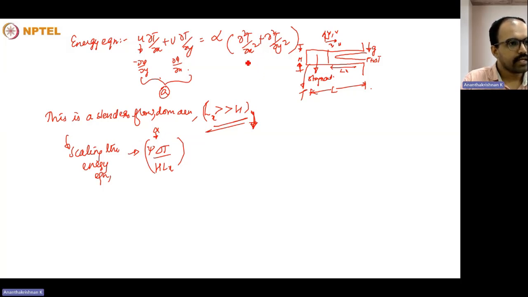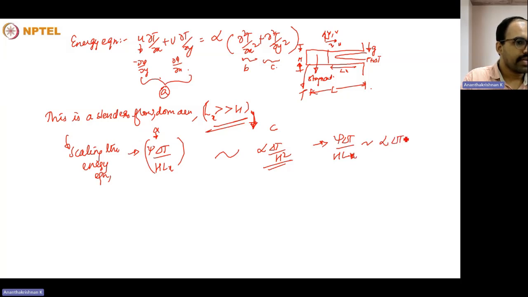On the right hand side, since h is very much less than Lx, only the second term persists, so it will become alpha into delta T divided by x squared. So the scaling analysis will be between psi delta T divided by h Lx, which is of the order of alpha delta T divided by x squared.